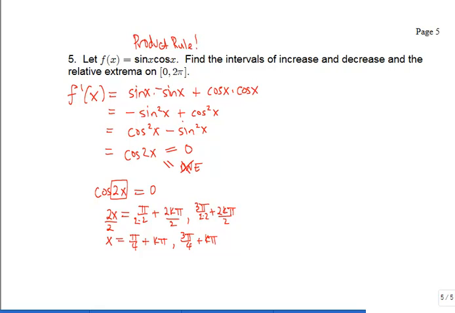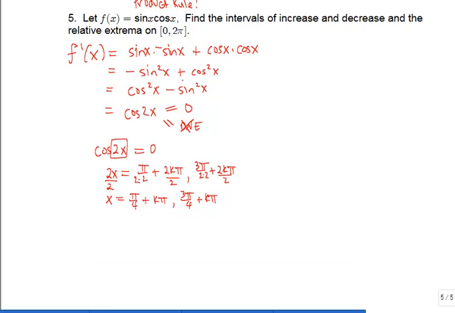Now that's an infinite number of possibilities, but we're lucky in that we're only looking at the interval 0 to 2 pi. So what are these critical numbers going to be that lie between 0 and 2 pi? Well, if k is 0 here, then we would just get pi over 4. And if k is 0 here, we would get 3 pi over 4.